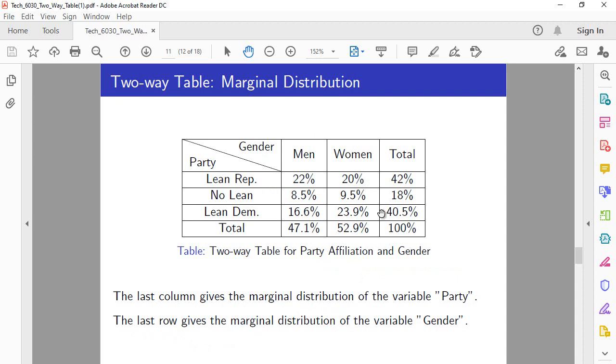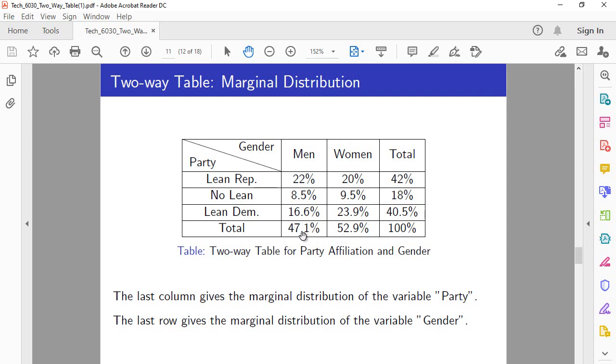Now, if you look at the last column, what's the meaning of 42% in the first cell of the last column? Well, it means that 42% of the adults in this study preferred the Republican Party. 40.5% of the adults in the study preferred the Democratic Party, and 18% of the adults did not lean toward any of the two parties.